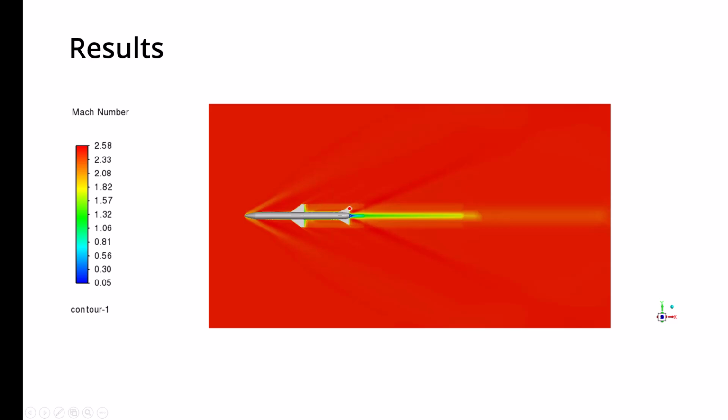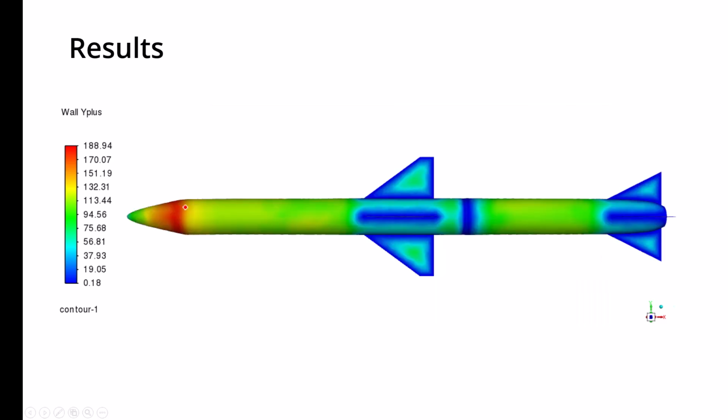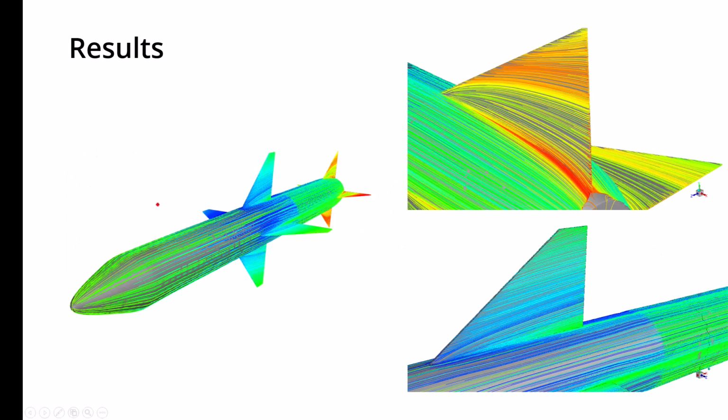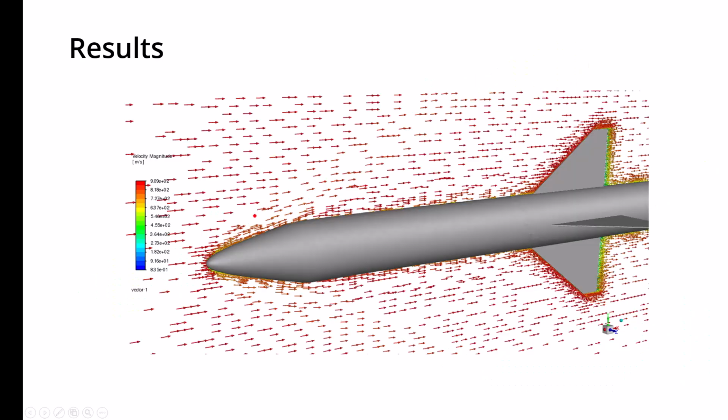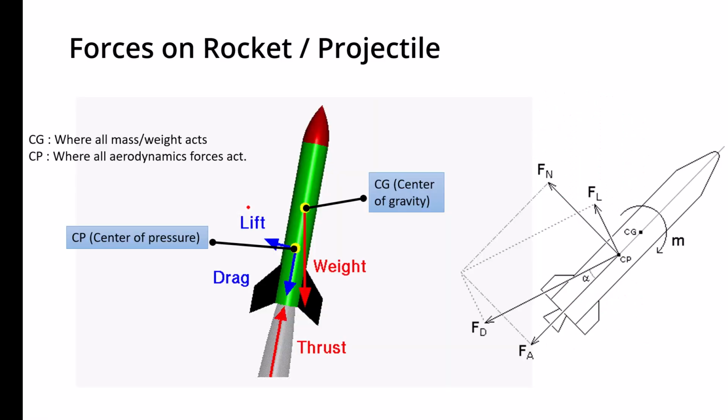Okay, and we have some acceleration when the fluid is exiting from the missile. The Y plus values, maximum value was going up to 188 for the case of Mach number 2.5 and 0 angle of attack. Path lines on the body, the vector plots.